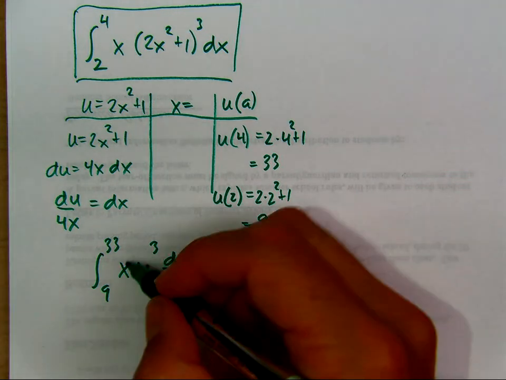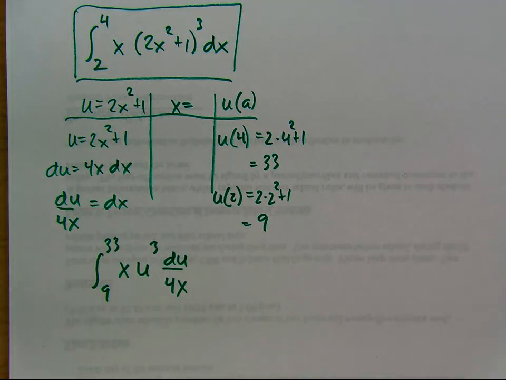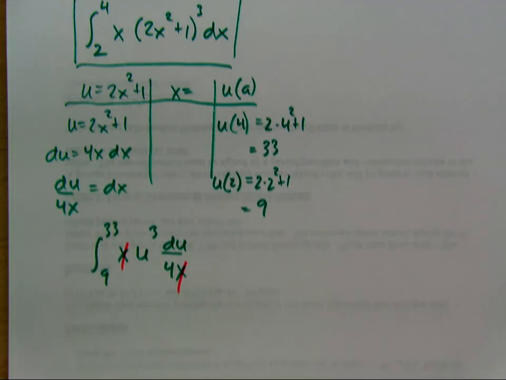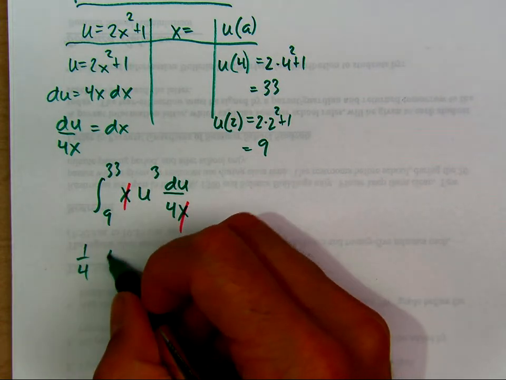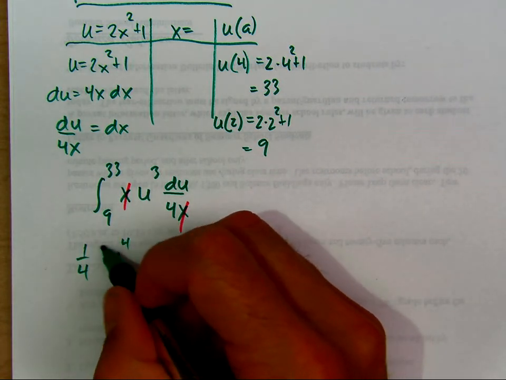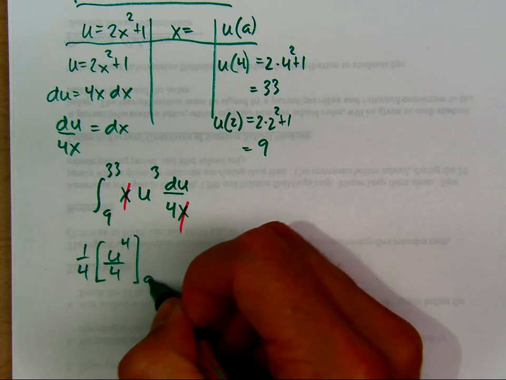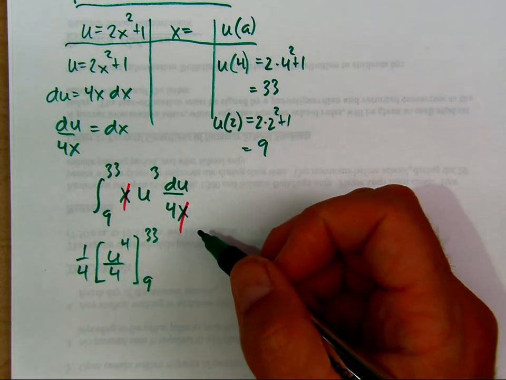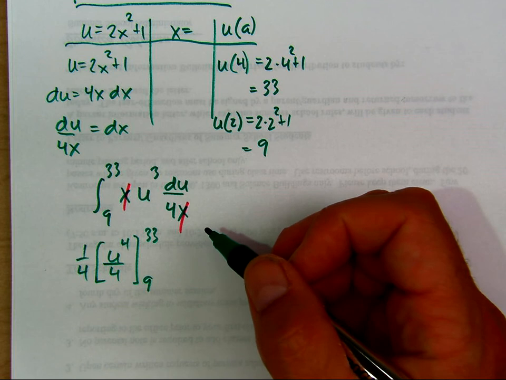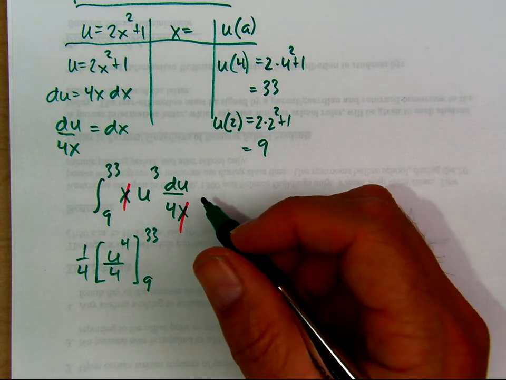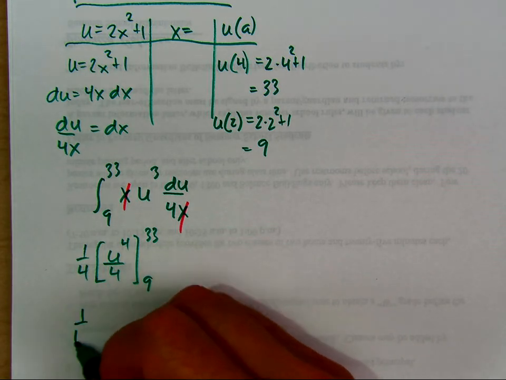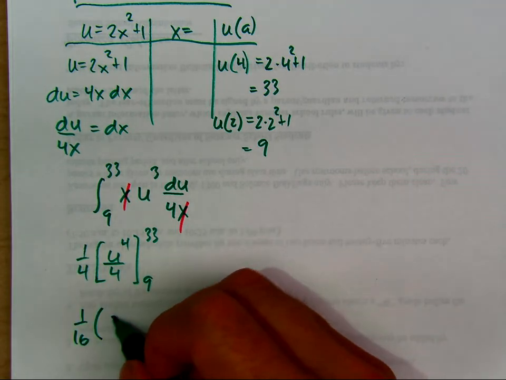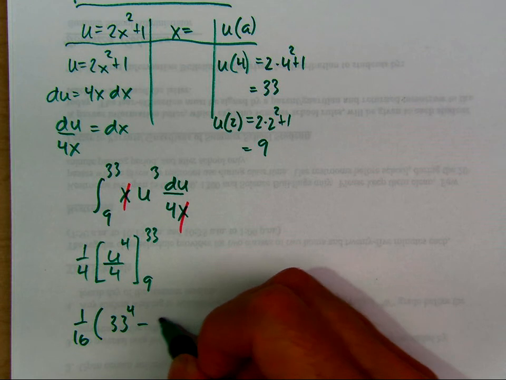The x cancels. And we'll have 1/4 u to the 4th over 4 from 9 to 33. And we could take that out as a 1/16 and then just have 33 to the 4th minus 9 to the 4th.